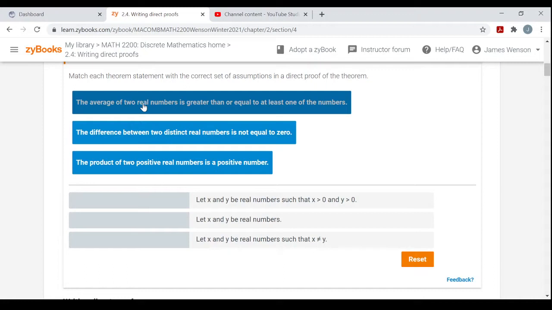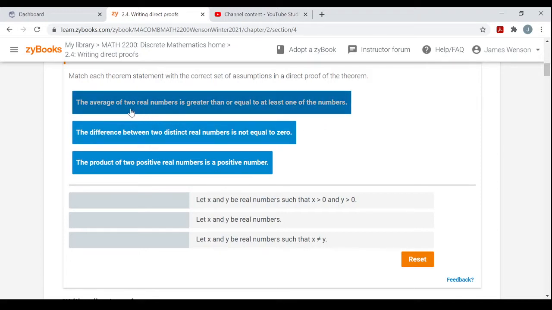The average of two real numbers is greater than or equal to at least one of those numbers. So the statement's about real numbers, and a lot of these statements you can rewrite as an if-then statement, a conditional statement.